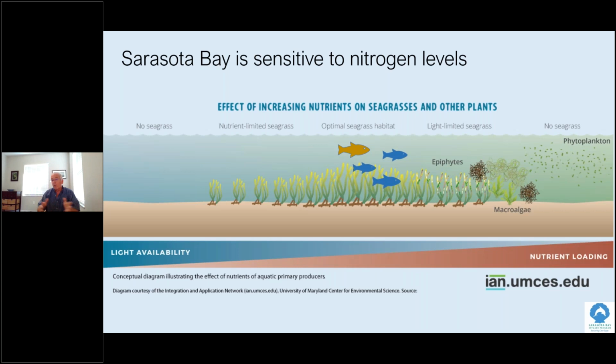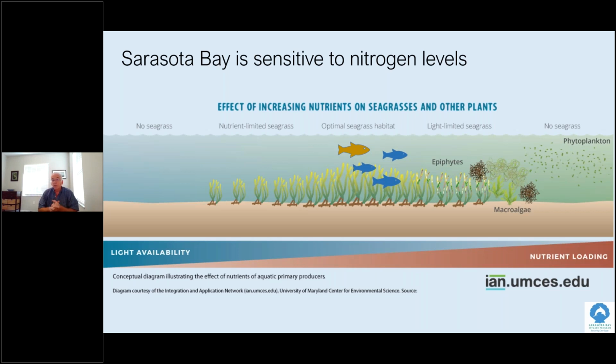So when we manage Sarasota Bay, we're trying to not create the condition on the left, which might be the Exumas, giant tortugas, but we don't want to be like the Indian River Lagoon. We don't want to have a phytoplankton-dominated system, which is maybe where they are right now. So we're trying to get the best version of Sarasota Bay, which is kind of right in the middle.